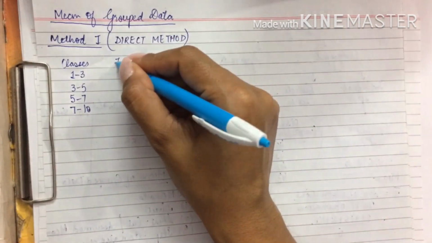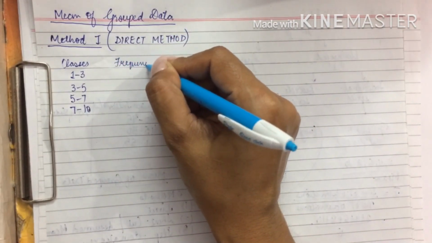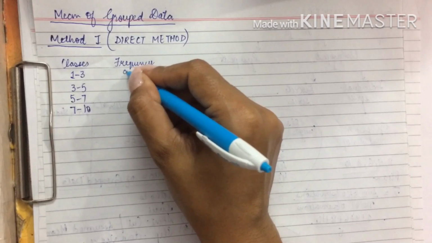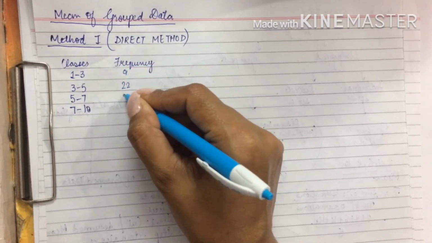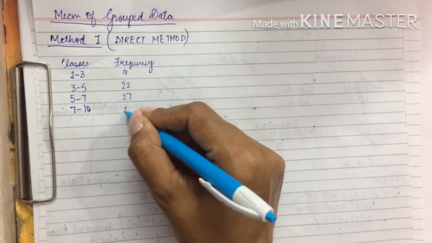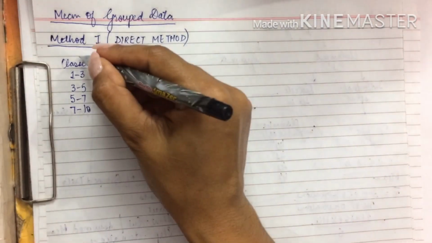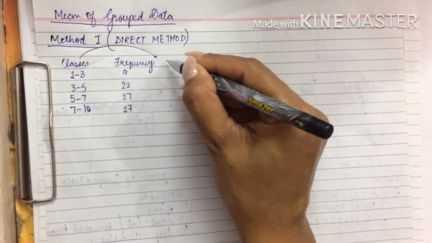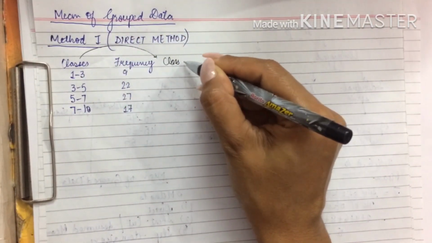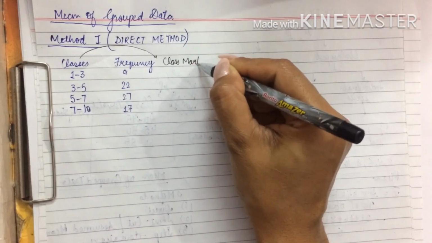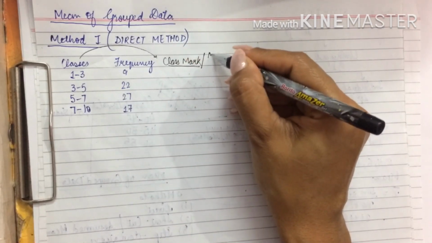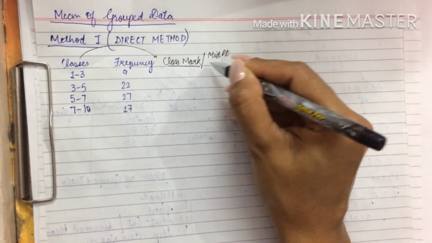And the respective frequencies are 9, 22, 27 and 17. Now the first step is, from the classes you need to find out the class mark, or what you call the midpoint of the class.